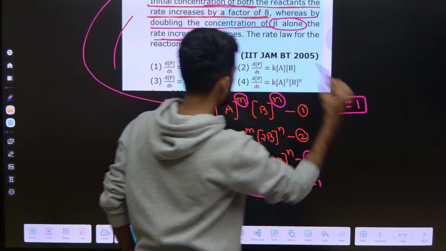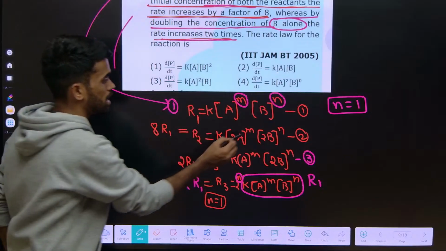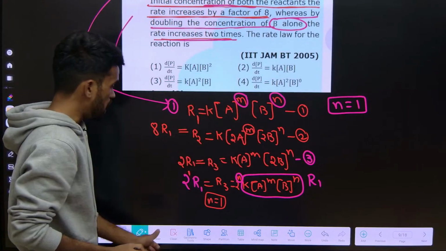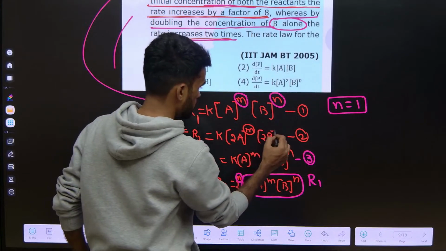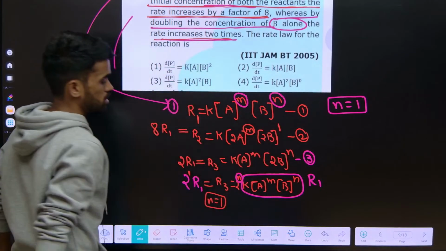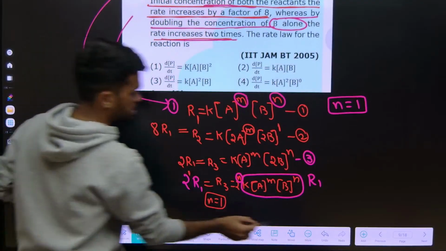Okay, and the next thing is to look at the second equation so that we can get the m value, because the order with respect to B is 1 here, so we can place 1 here. Now the m value I need to get. See, how can we get this? It is very easy. Look at here, guys.